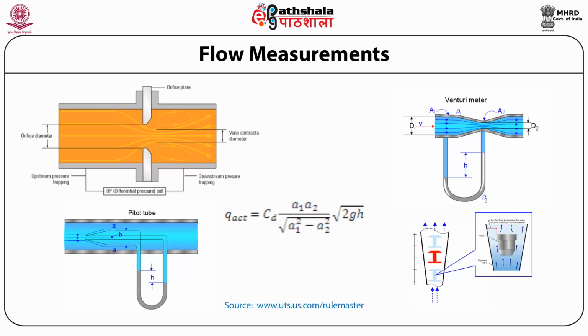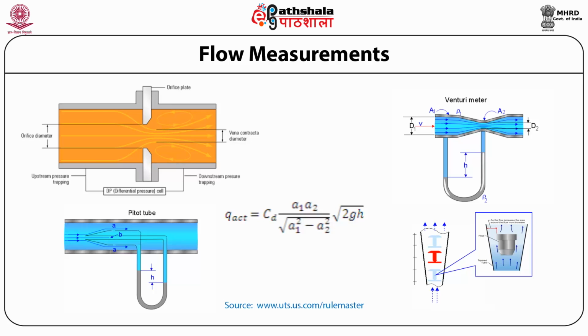That means kinetic energy increases. But as per Bernoulli's theorem, the total energy at all points remains identical. So the increase in kinetic energy is compensated by a reduction in pressure energy, assuming elevation head as 0.